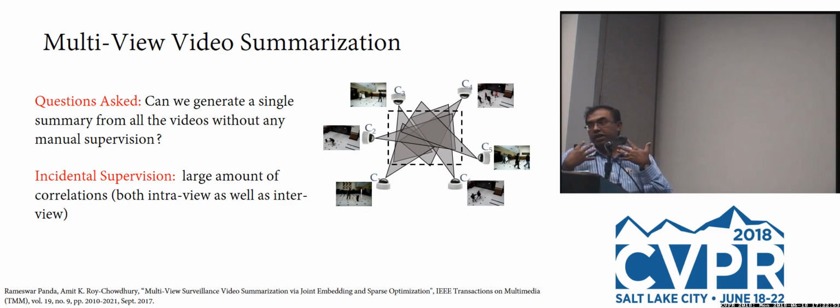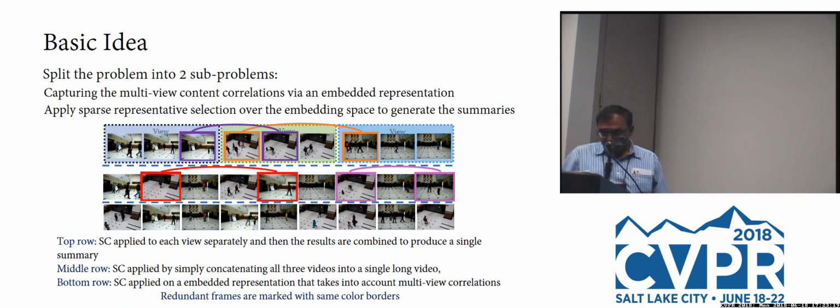And the incidental supervision comes from the fact that there is a correlation structure in the data that these cameras are observing. And can you leverage that correlation structure in order to get a better summary or not? So the incidental supervision comes from that large amount of correlations, both intra-view and inter-view correlations.